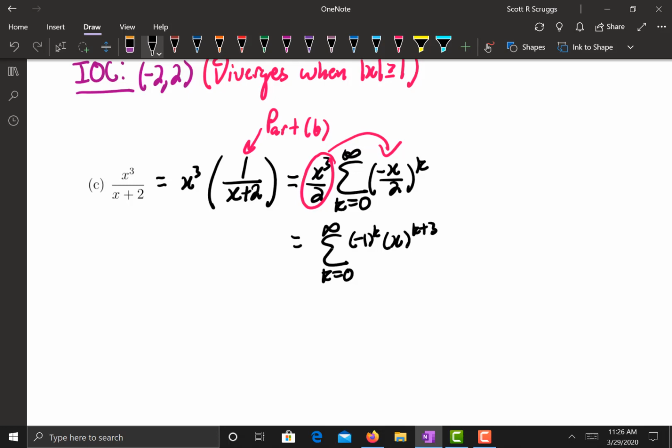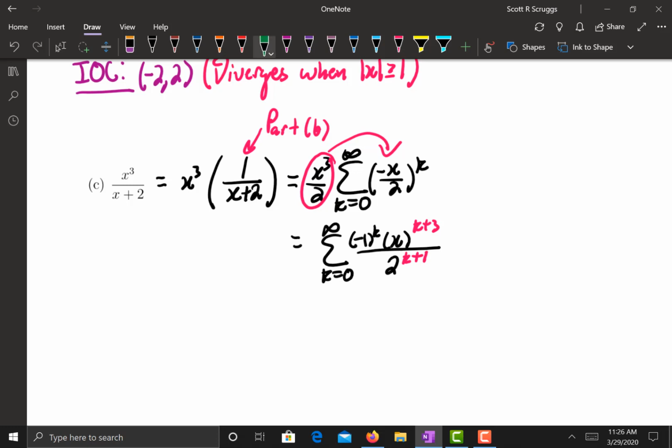Now I'm adding the exponents, and I'm going to go ahead and add, let's make that pink to be distinct. And now I'm going to go ahead and move the 2 inside the exponent as well. And if I move the 2 inside the series, I'll have k plus 1 power.